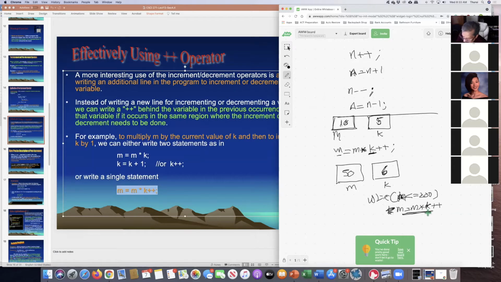So in other words, that's equivalent to having while m less than or equal to 200, curly bracket, m equal to m times k, and then k equal to k plus 1. This is what that's equivalent to. Okay. All right, k changes right after that. So writing this is equivalent to writing this.